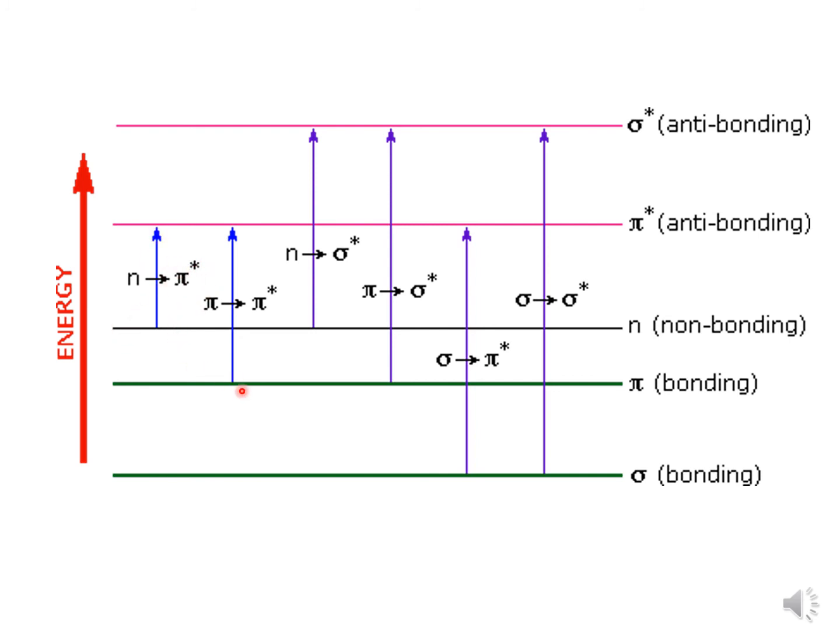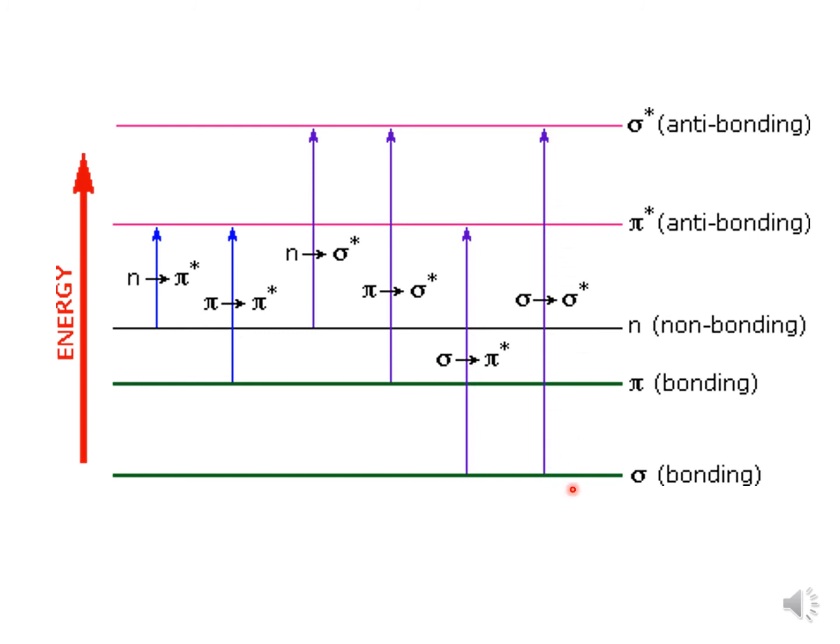This is just a few examples of electronic transition, and when you have sigma bonding towards anti-bonding, a very large amount of energy is required.